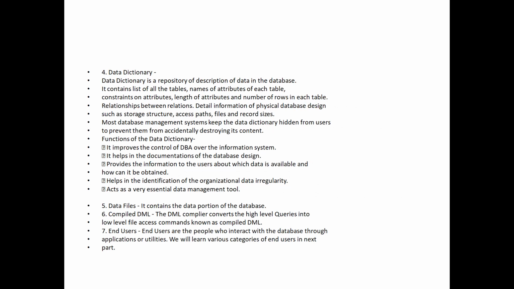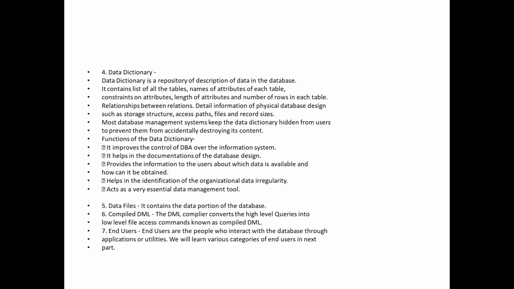So we talked about the data dictionary. It's actually a repository of the description of the data in the database. So as I said, account holder. What do we store in the account holder information? The age, the name, the birth date, the address, the city information, and things like that. That whole repository is nothing but a data dictionary, and it contains a list of tables, the names and attributes of each table.